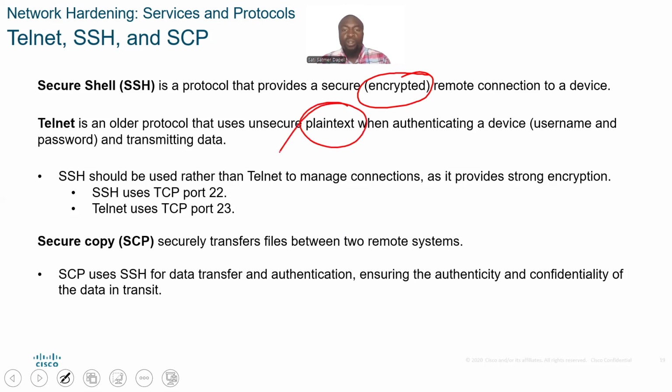So when you're logging in with your username and password, anybody that intercepts that particular traffic can see the username and password in plain text. Like what we did with Wireshark the other day. We ran Wireshark and we were able to see details. So if you use Telnet, you will even see the username and the password. SCP is what they call secure copy.